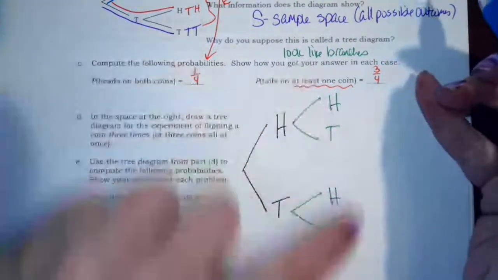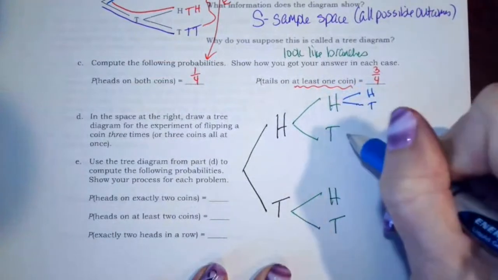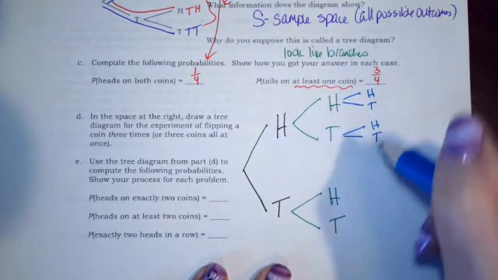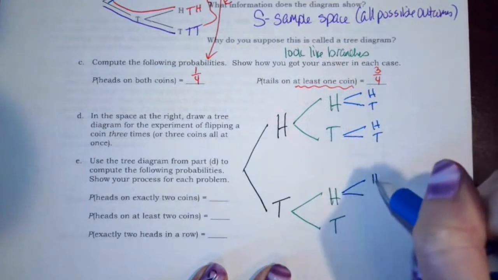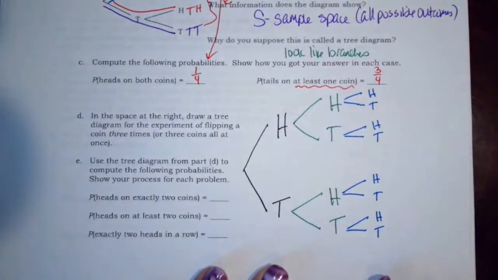And then for the third coin, I have the option of getting heads or tails again, because one toss, the outcome does not affect the next. Each time I have equal chance of getting heads or tails.